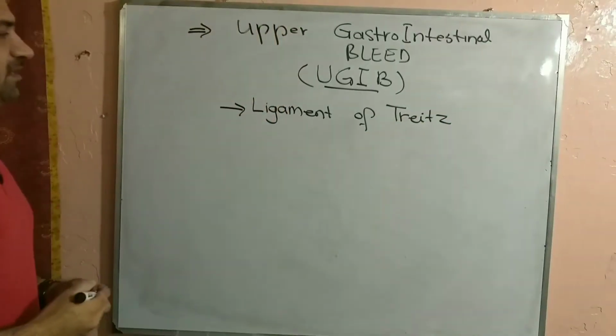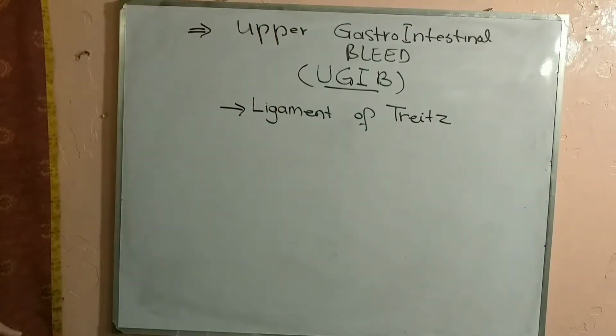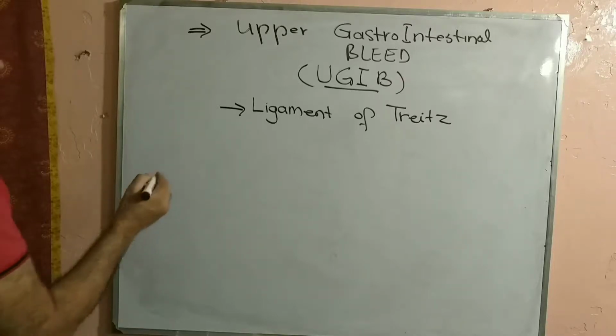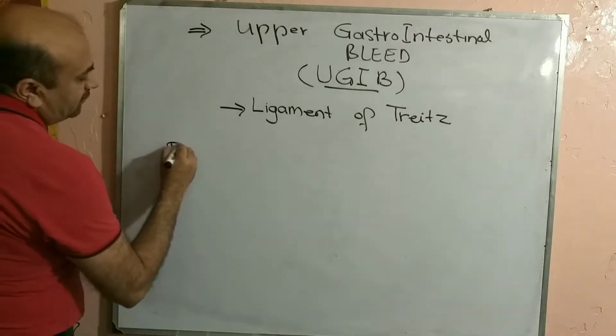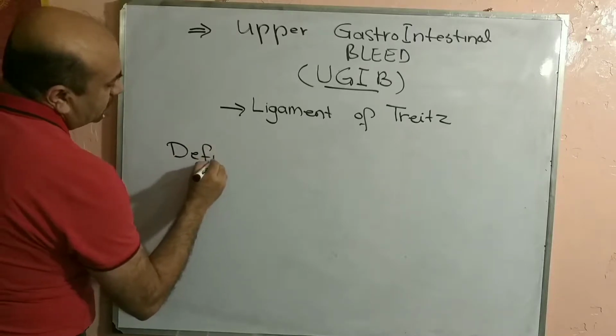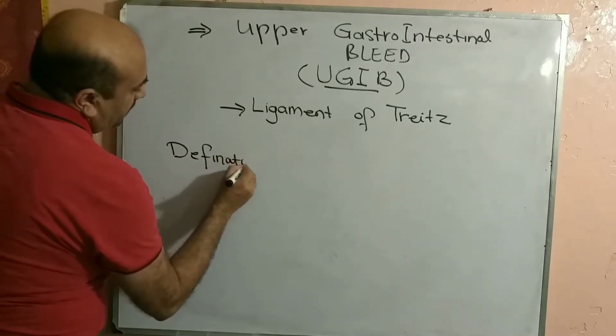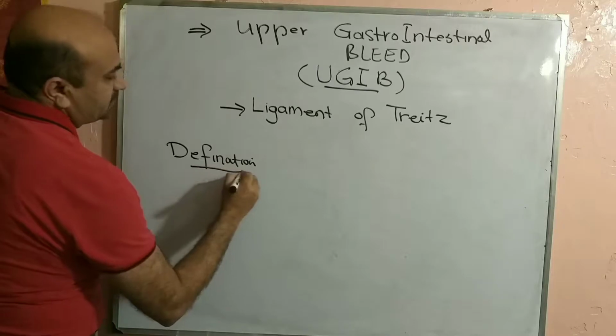So any bleeding from the gastrointestinal tract above the level of the ligament of Treitz is known as upper GI bleed.